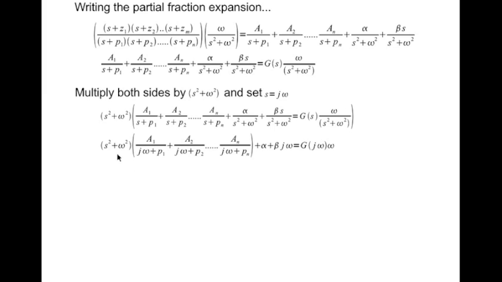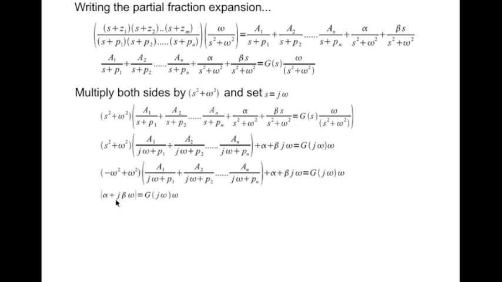What you're left with is (s squared plus omega squared) times all these terms plus alpha plus beta j omega, equal to G evaluated at j omega times omega. Set s equal to j omega, s squared becomes minus omega squared, this whole thing drops out, and therefore you can write alpha plus j beta omega, as the left hand side, is equal to G, the transfer function evaluated at j omega times omega.